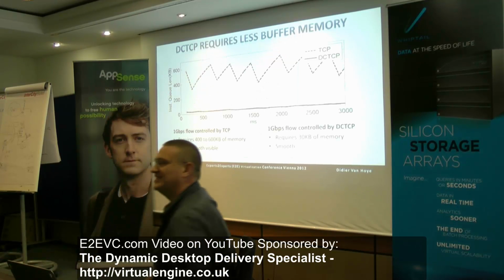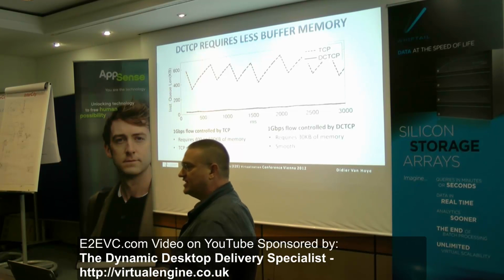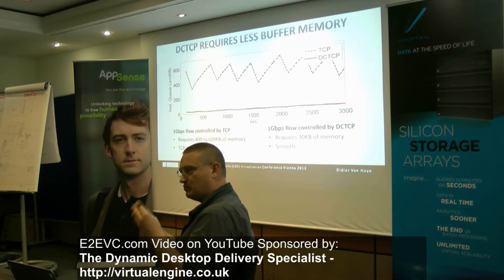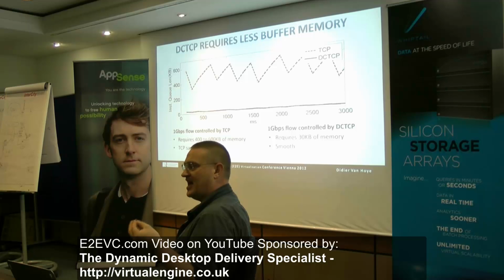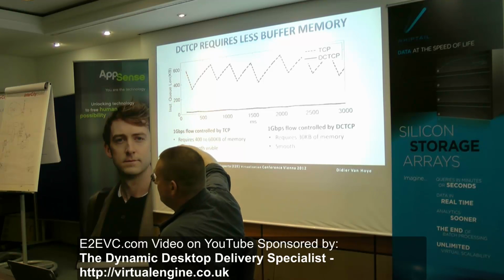One of them is the data center TCP, and this is very nice. What it actually does is it makes sure that even on cheap switches with low buffer, you can have very good throughput, very low latency, and you don't have the jigsaw pattern you see there. What you're actually seeing there is a buffer switch being filled at capacity.